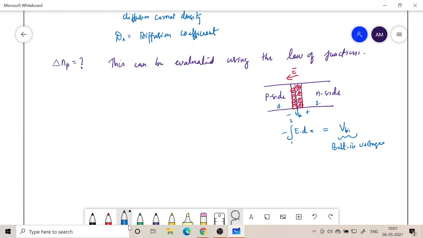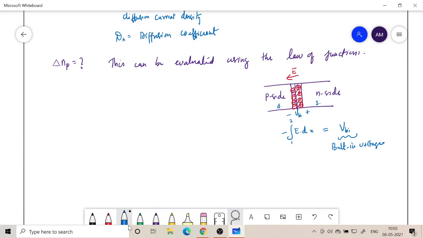After how much flow of electrons and holes from one side to the other side does this electric field become sufficiently large to oppose further flow? That is how the equilibrium is reached. Initially there is no electric field and no immobile charge on both sides, because all the electrons in the N side are at the N side before joining the P and N material.